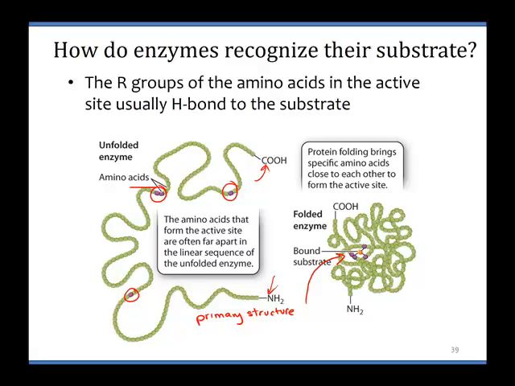And the way these purple amino acids work, and remember each one of them has their own unique R group, these R groups usually hydrogen bond to the substrate. So very often, because they have to hydrogen bond, they have to be hydrophilic. Remember, if you're hydrophilic, you are capable of hydrogen bonding. These R groups that end up in the active site are usually going to be hydrophilic.